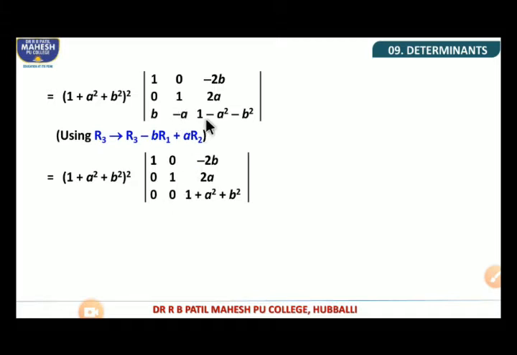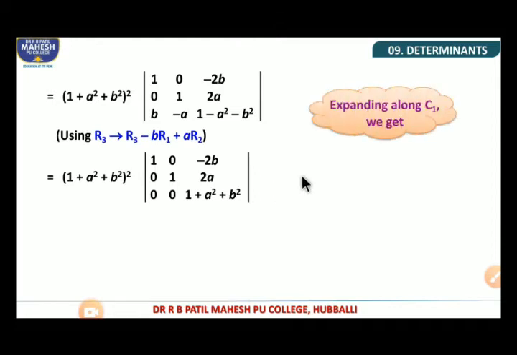The third term is R3, that is 1 minus a square minus b square, and multiplying minus b to this one, it becomes plus 2b square, and multiplying a to this one, this becomes plus 2a square. So after adding here we get 1 plus a square plus b square.